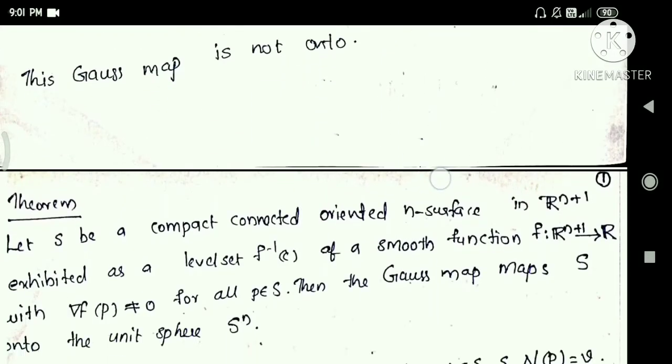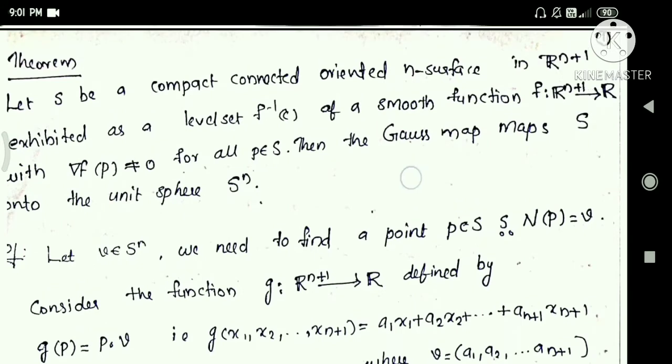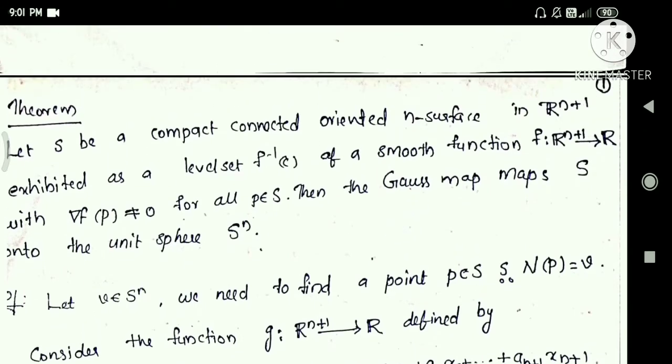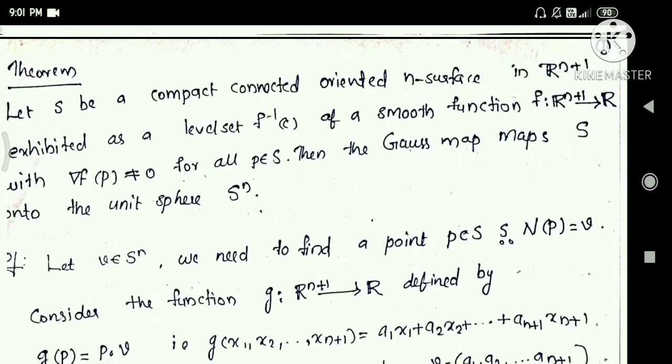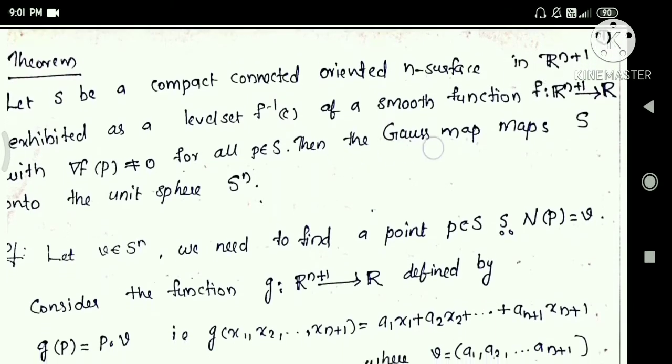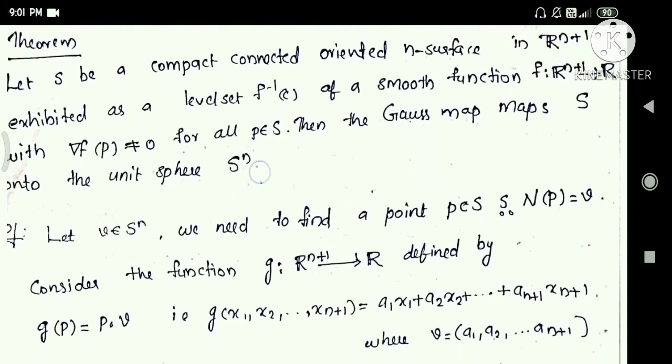Next we are going to prove a theorem. This theorem states that if S is a compact, connected, oriented n-surface in R^(n+1), then the Gauss map maps S onto the unit sphere S^n.